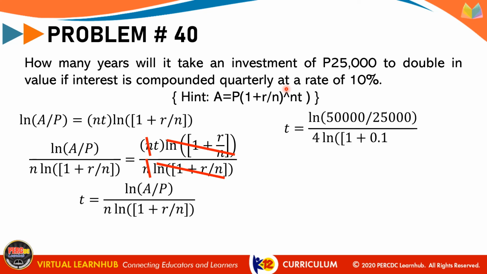We have ln of 50,000 over 25,000 all over 4 times ln of 1 plus 0.1 all over 4. Typing this to our calculators, that will give us approximately 7 years.